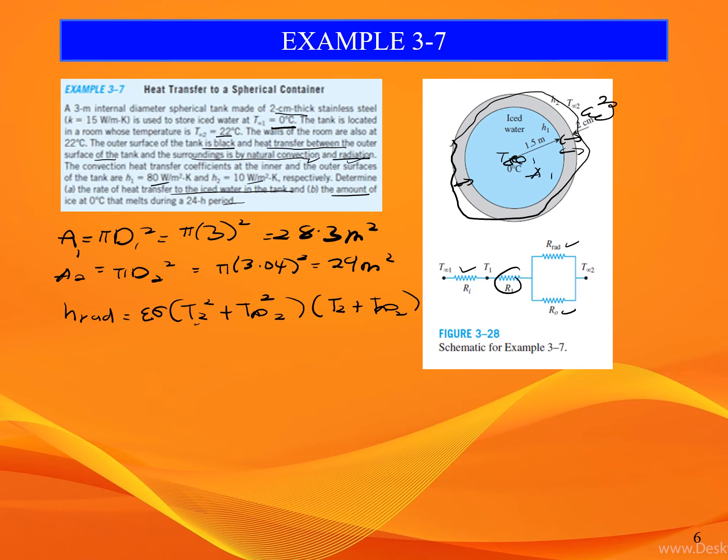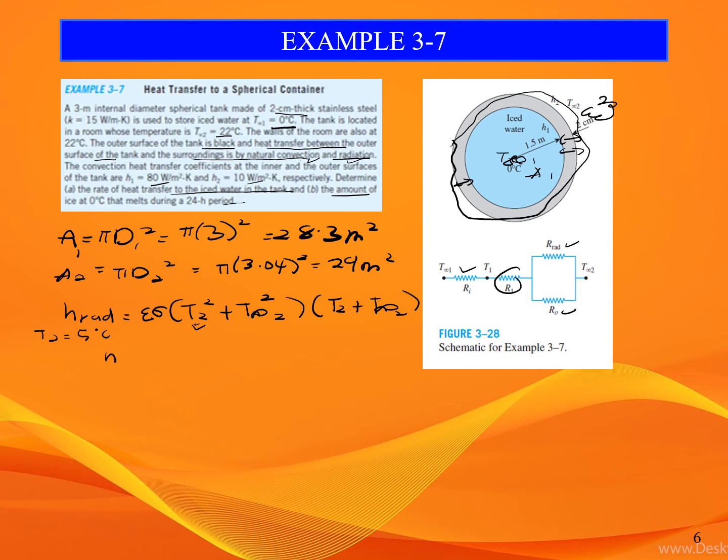Okay, but inside this question there is no information on T2, right? In that case, we need to assume T2. Let's say we assume T2 is equal to 5 degrees Celsius. We assume that the emissivity is equal to 1, because here it is mentioned about the surface of the tank, which is black, so we can assume emissivity equal to 1.